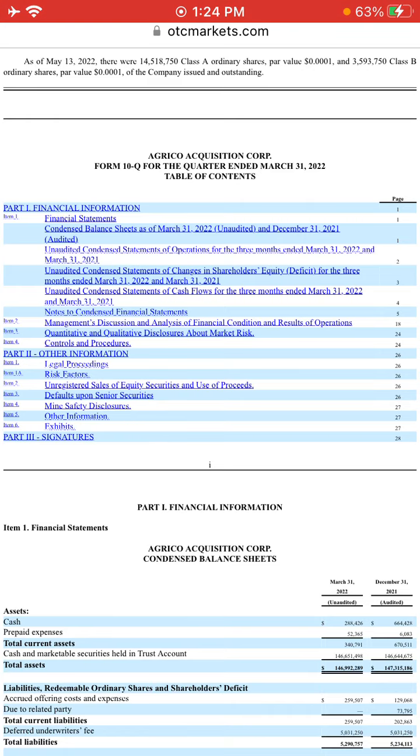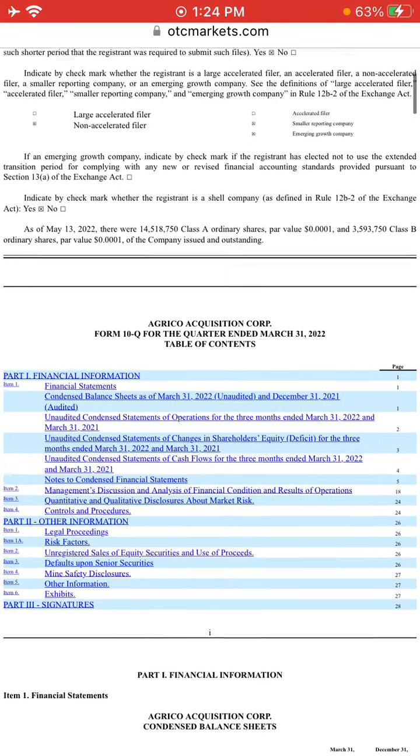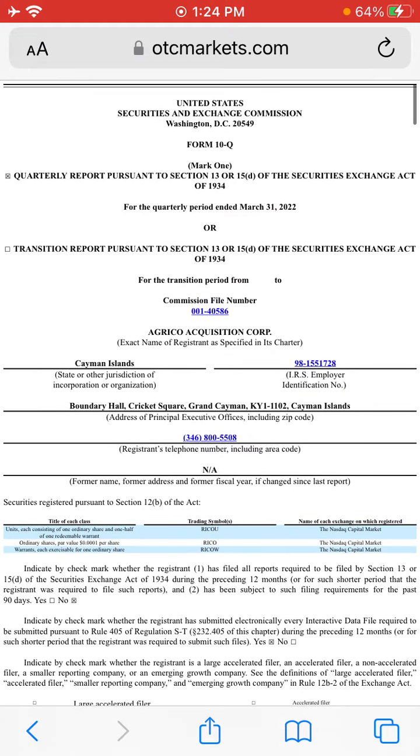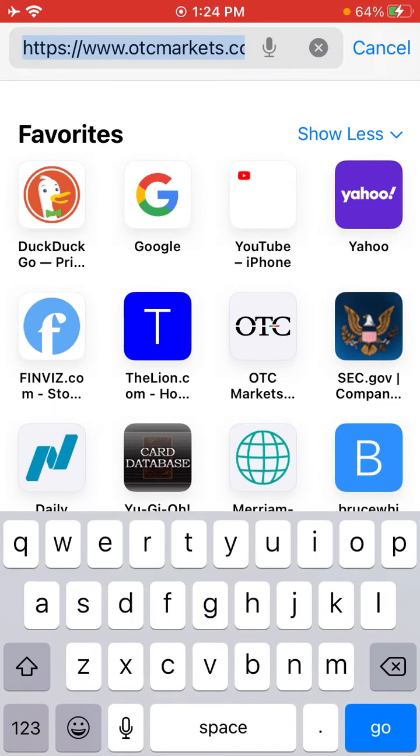So when you're looking in the SEC filing, and if you can't quickly scroll and see where the float is, so if you notice too, they won't call it float. They might say common shares outstanding, or in this case, ordinary shares.